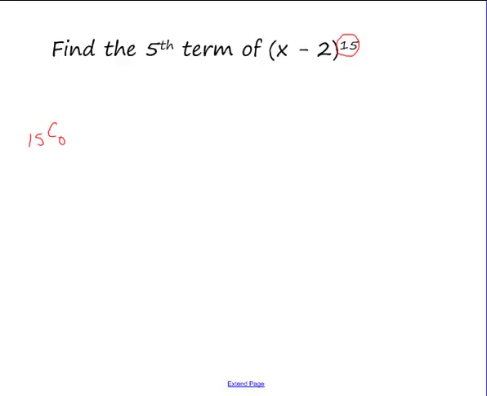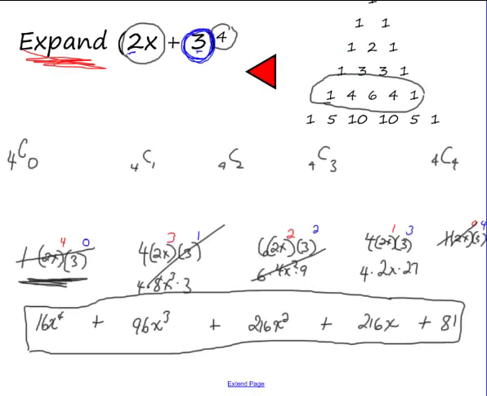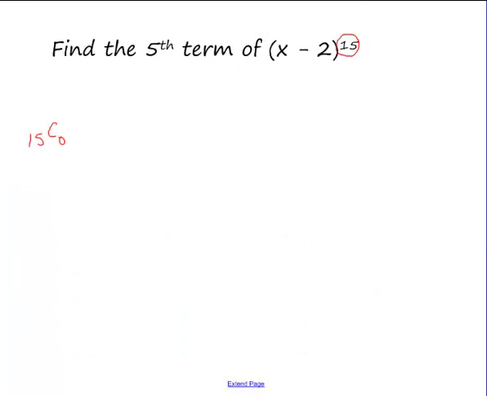So if I think about it, 15C0 is the first term, right? We learned that back here. See how the first term was the 0? 15C1 would be the second term. Look for the pattern. 15C2 would be the third term. I think I see the pattern.